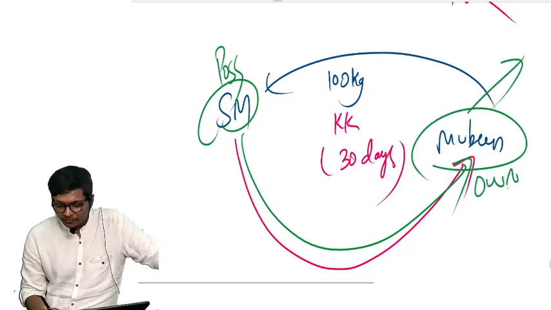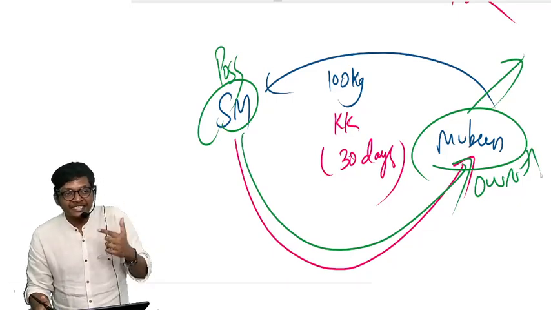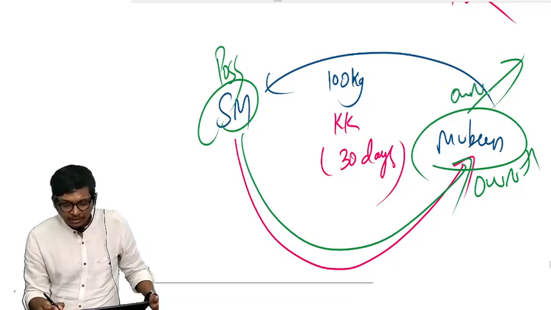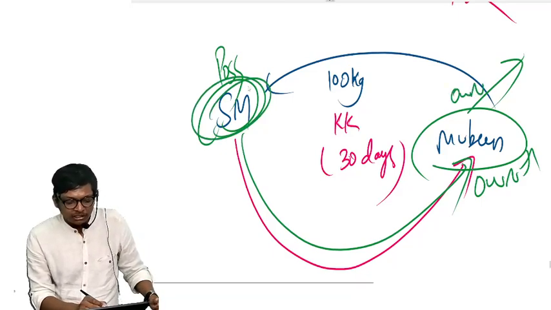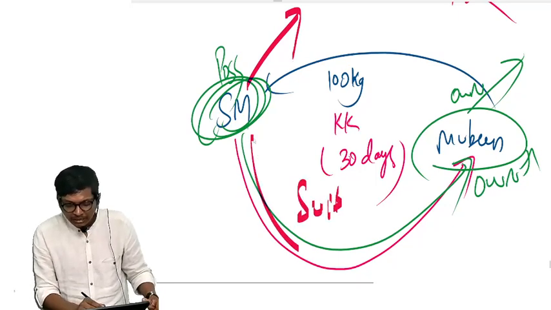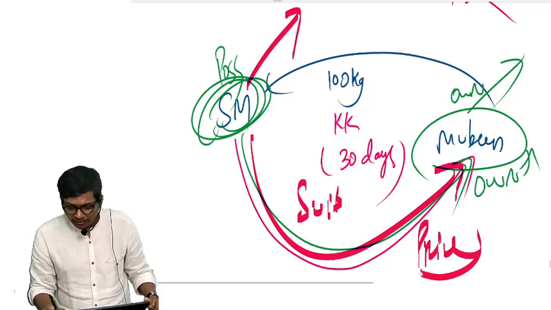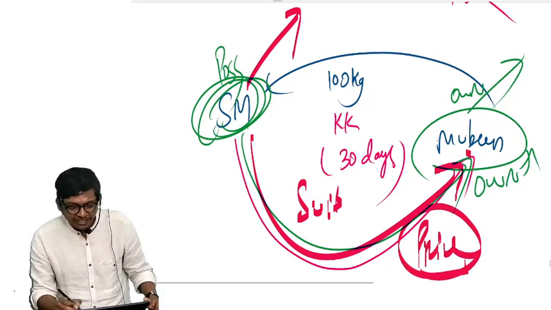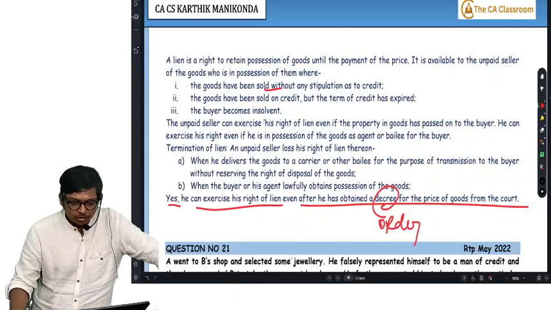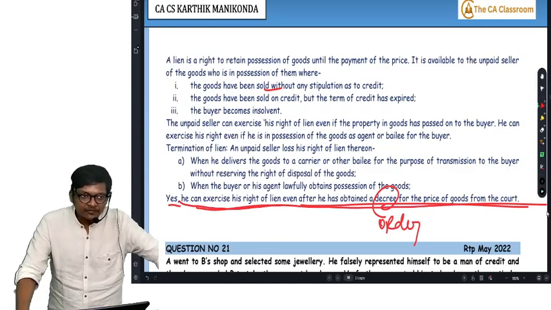Ownership is already transferred to Mubin. When ownership is transferred, we told ownership will be transferred based on each case. Here, let's say when contract is made. Now ownership is with Mubin, goods are with Sri Mitai. Sri Mitai can sell to somebody else if they want. But here they have filed a suit against Mubin for decree of price. So I have decree for price against Mubin, plus I can still retain possession. Are you following, guys? Okay. That is why they say, yes, he can exercise right of lien even after you obtain decree from the court.